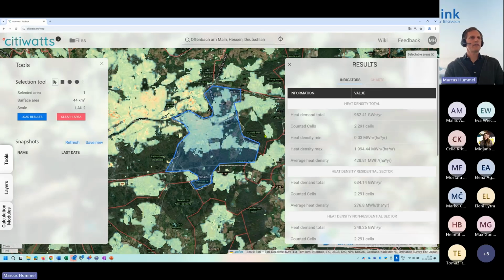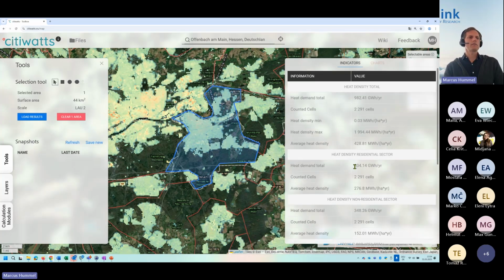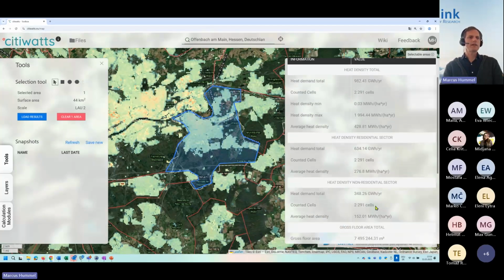So in total, we have roughly 1 terawatt hour of heat demand in that area. It's 63, well, more than 60% residential and less in non-residential buildings.